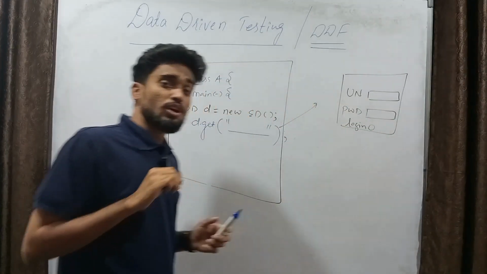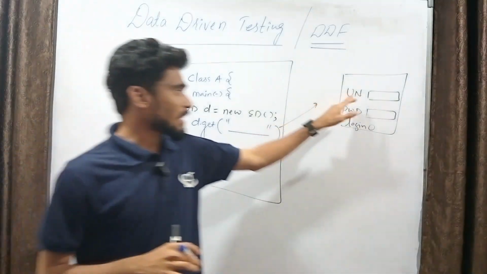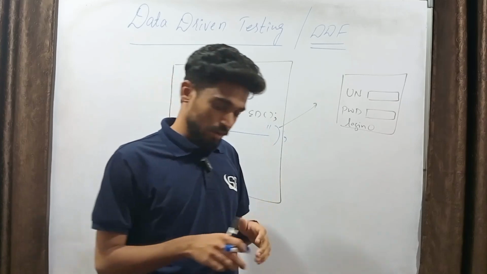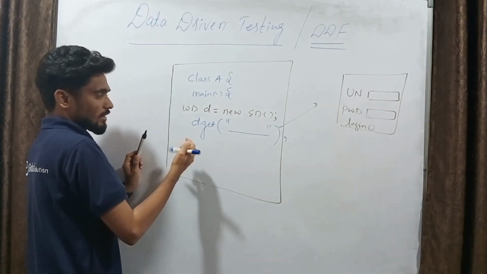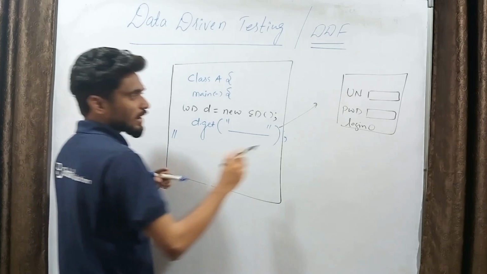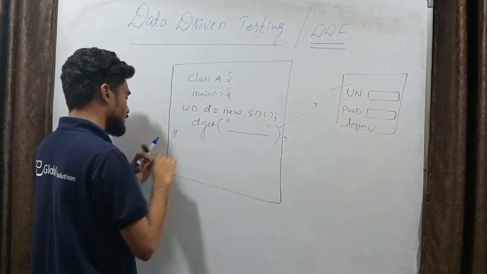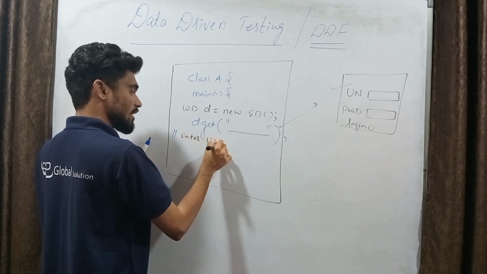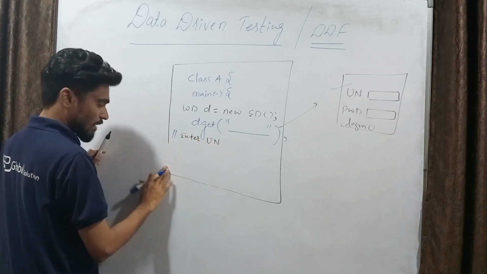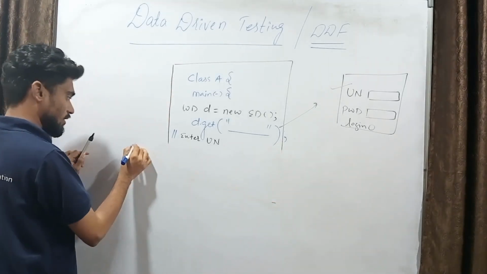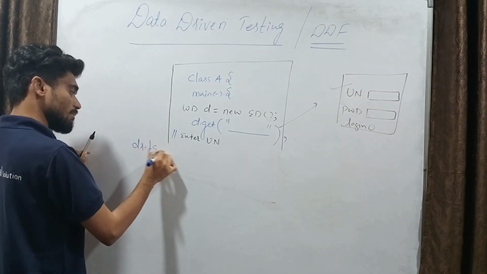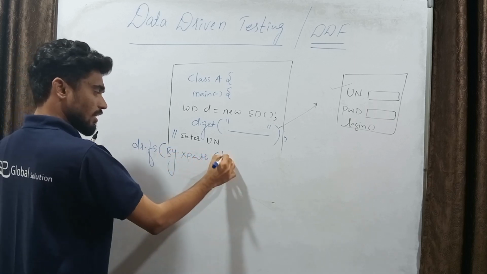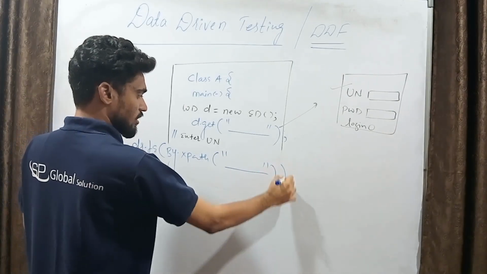Are you understanding? Now observe carefully. Username is the one element, password is the second element, and the third one is the login button. First of all I will inspect the username and write the code here to enter the username. I will write driver.findElement(By.xpath(xpath expression)).